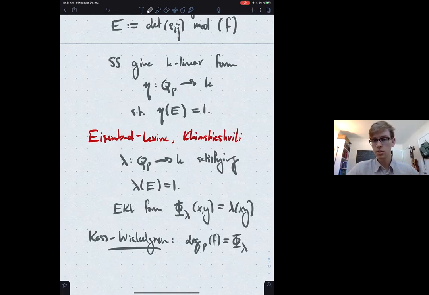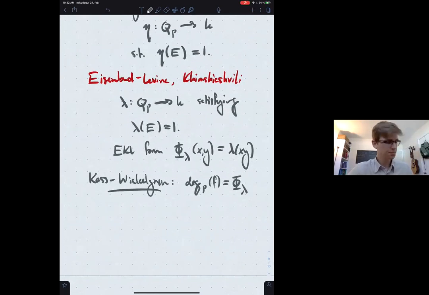And then Jesse and Kirsten put in a lot of work to generalize this, and it gives us a nice way of computing the local degree at rational points, for example. With a little more work, you can make this work over more general points. You have to worry about base change and that sort of thing. But at the very least, it gives us a formula for computing the local degree.